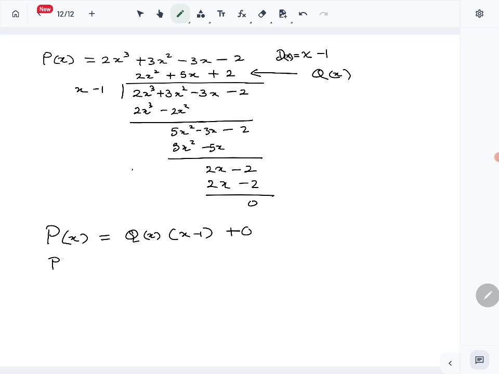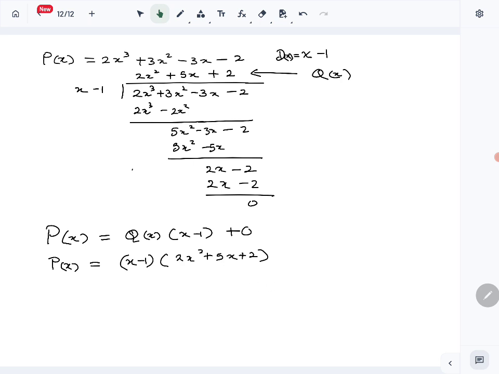So my polynomial p of x is equal to what? I will put the divisor in front, x minus 1. What is the q of x? 2x squared plus 5x plus 2, right? This one is a quadratic. Now you can factor the quadratic.